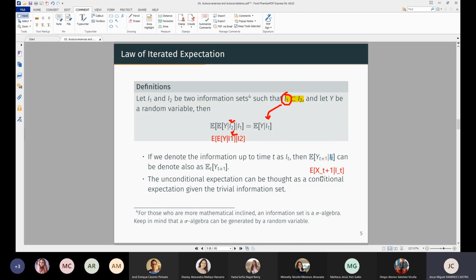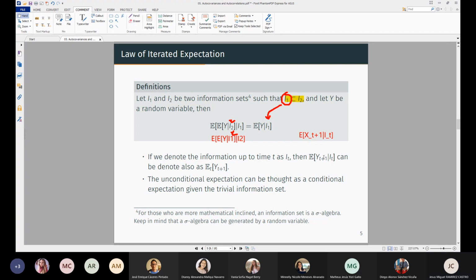For example, in our previous time series x_t, because x_t is generated by tossing a coin, there is no information here to predict the value of x_{t+1}. So we are just trying to compute that expectation using the information.